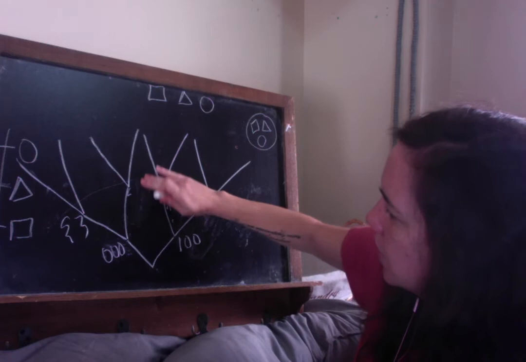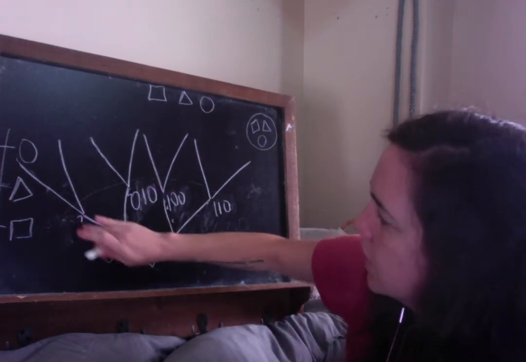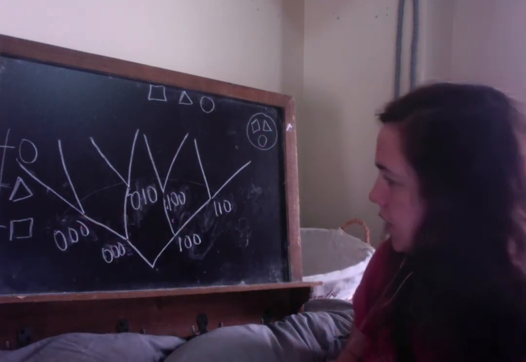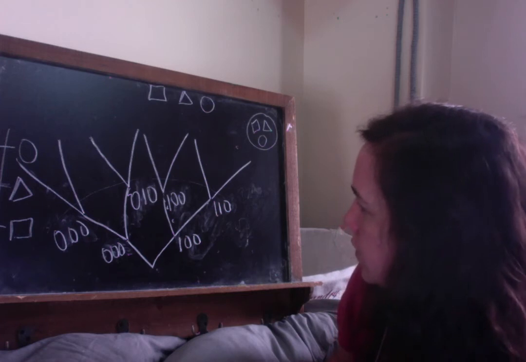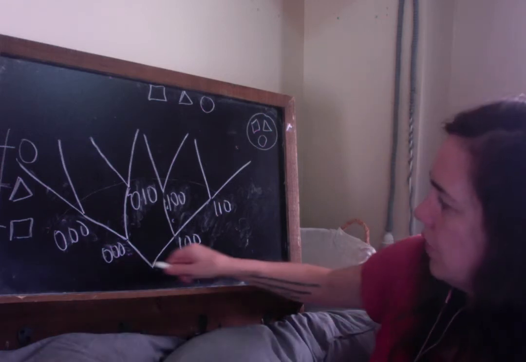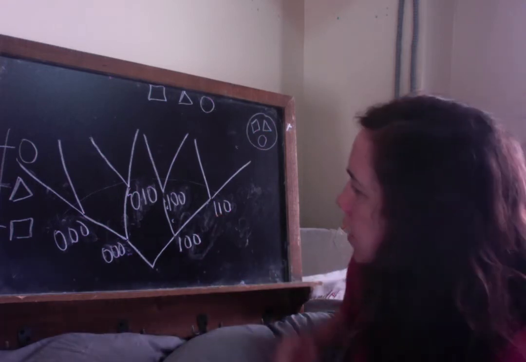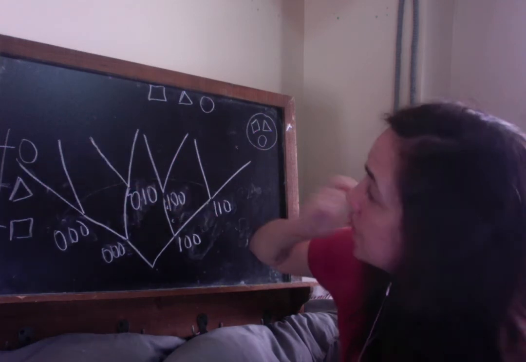And this is 0, 0, 0, 0, 1, 0. This is 0, 0, 0. Okay, so it's kind of like leftmost digit. Okay, and now we're making the decision about adding the circle.